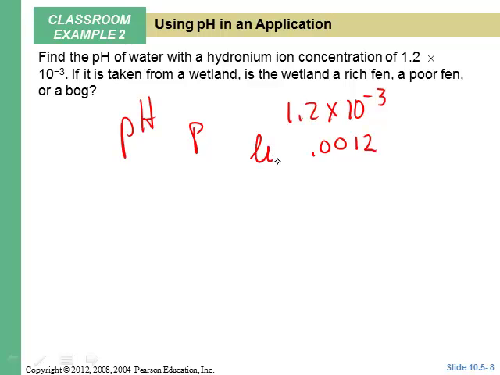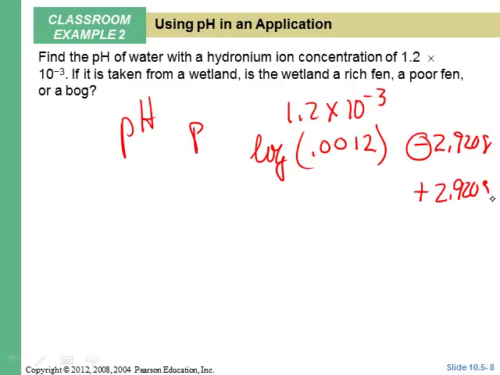So we're just going to press log of 0.0012, and we get negative 2.9208. We have to change the sign, so it's actually positive 2.9208, which is very acidic.